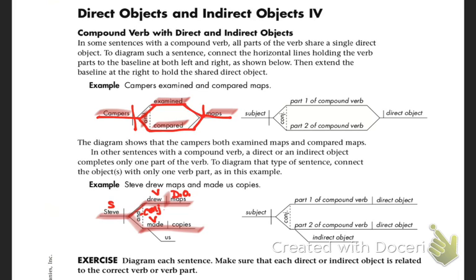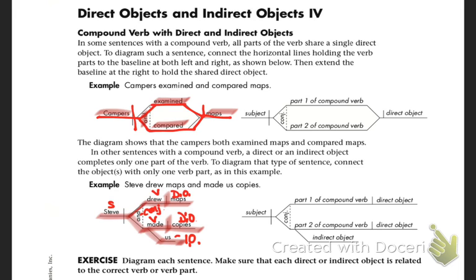Here's your direct object line. What did he make? Copies. There's another direct object line. For whom did he make that? Us. So now you have your indirect object. Any questions on that? You're going to have a couple of these in there, okay?